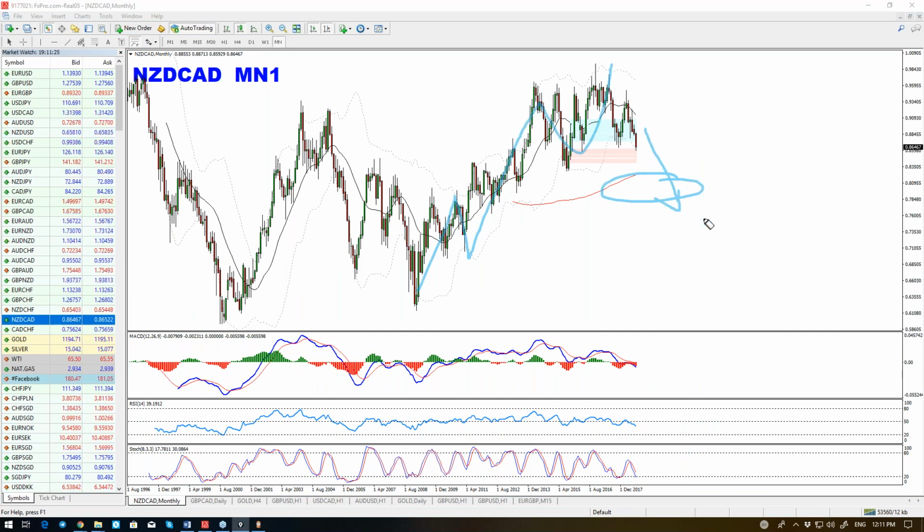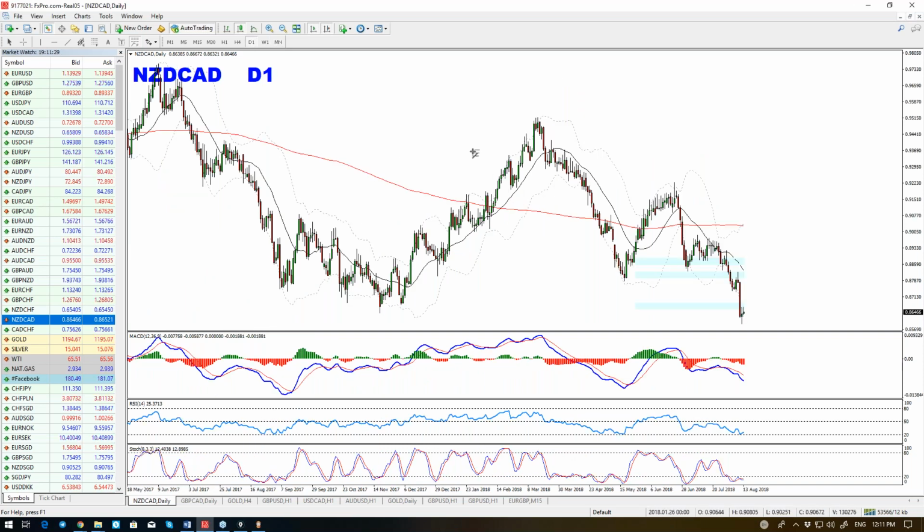It has room. So Kiwi CAD was and remains sell the rallies. Bearish hidden divergence and two waves retrace are all signs we want to see in order to go for a sell. Could we get short-term rallies? Yes, we could.